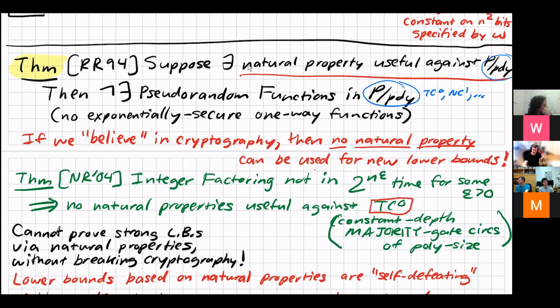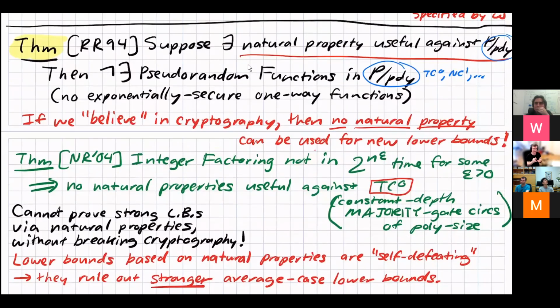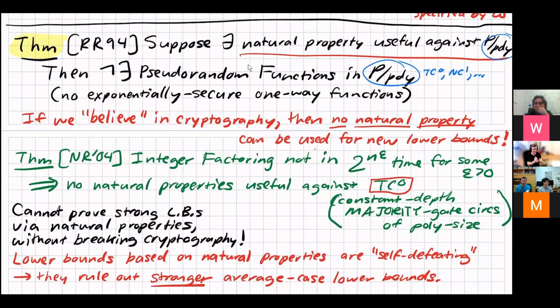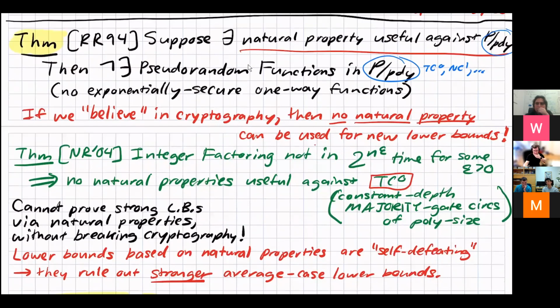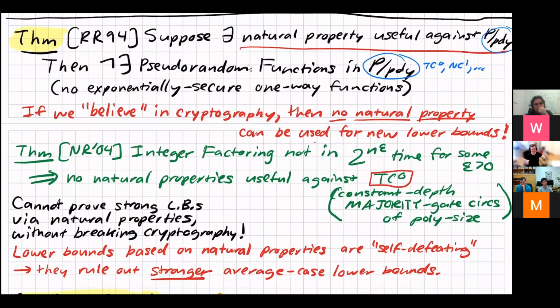They rule out these stronger average case lower bounds, like showing that various functions are hard on average, let's say on the vast majority of inputs, so that you still can't approximately compute the function. This is the major lesson of the Razborov-Rudich barrier: natural properties arise naturally in proving circuit lower bounds, but as far as we understand about cryptography, there is a barrier to how far they can go.